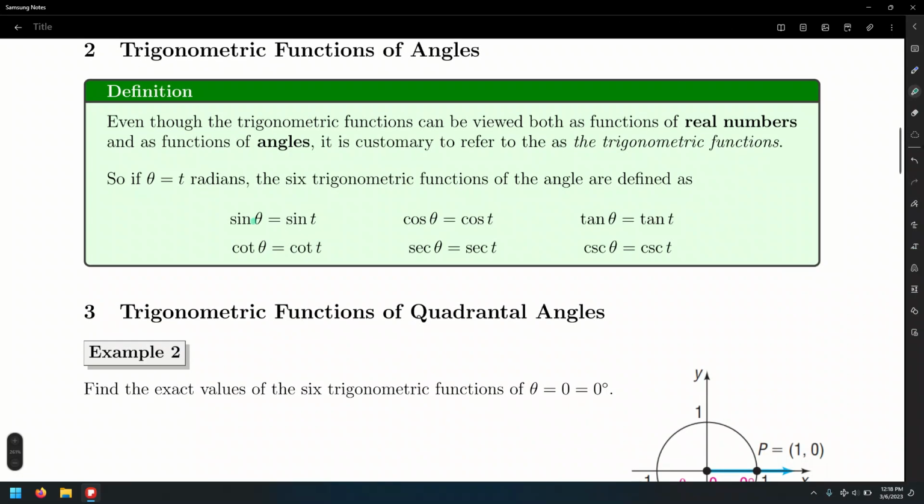So in this case, we're going to change the t's with thetas. And why is cosine theta equal to cosine t, and sine theta equal to sine t? Because again, the t was used for real numbers, but still, angles are pure numbers too.